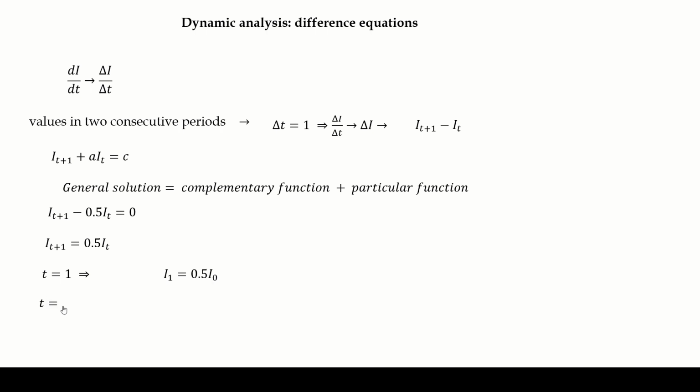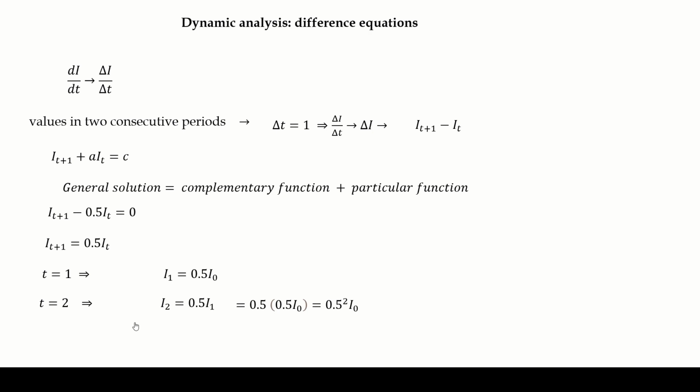If we iterate again, at t equals 1, we can write I2 equals 0.5 of I1. Another way of writing this is, I can write I1 as 0.5 I0, so I2 is 0.5 squared times I0. Again, I see a pattern developing: I write investment at a particular point in time as the initial condition multiplied by the coefficient attached to it raised to some power.